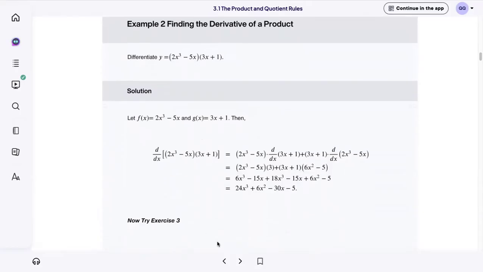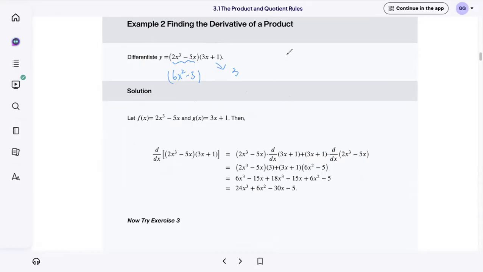Well, let's see this one. We can FOIL it, or we can use the product rule. Let's try to use the product rule. Let's take the derivative of this one, which is 6x squared minus 5. Then the derivative of this one is just 3.